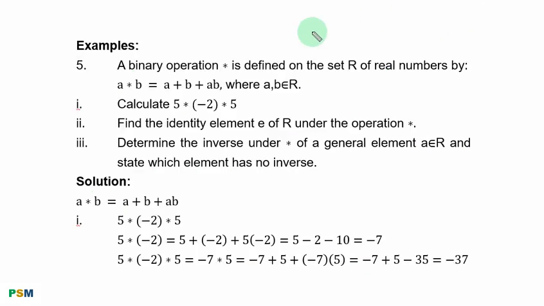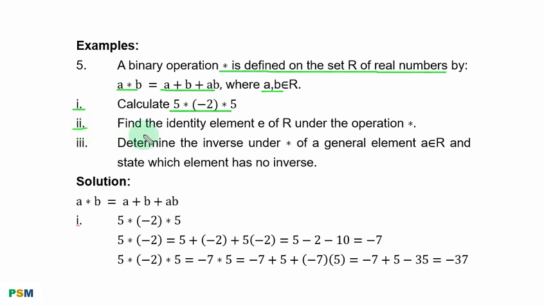Example number 5. A binary operation asterisk is defined on the set R of real numbers by A asterisk B equal to A plus B plus AB, where A and B are members of R. Roman figure 1. Calculate 5 asterisk minus 2 asterisk 5.